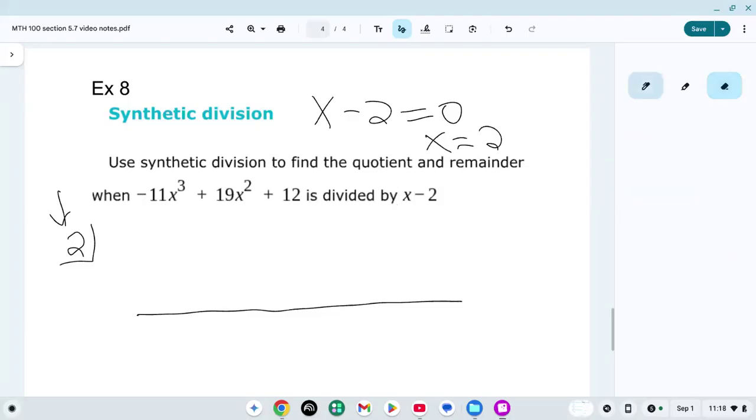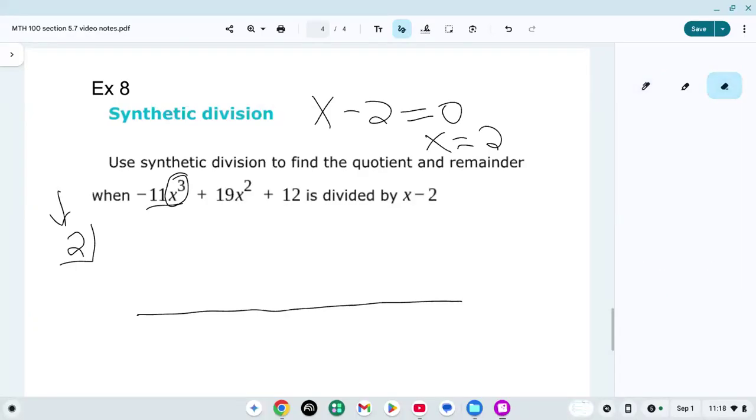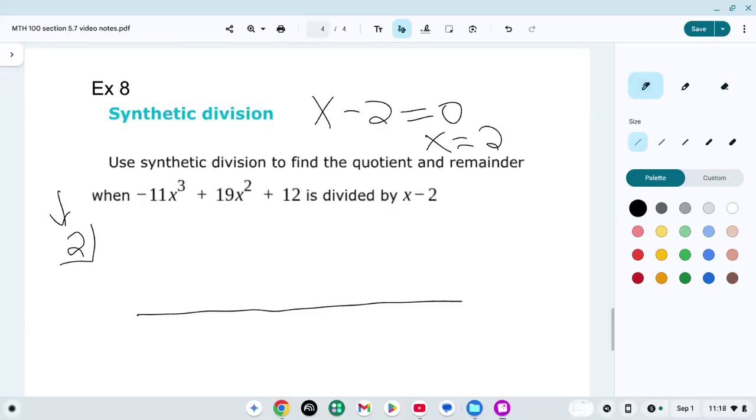Now, I have an x to the third, which means I should have 4 terms. I do not have 4 terms. I have 1, 2, 3 terms, which means I am missing a term. Well, this time I have an x to the third. I have x squared. I do not have just x to the first power, and then I have that constant number on the end.